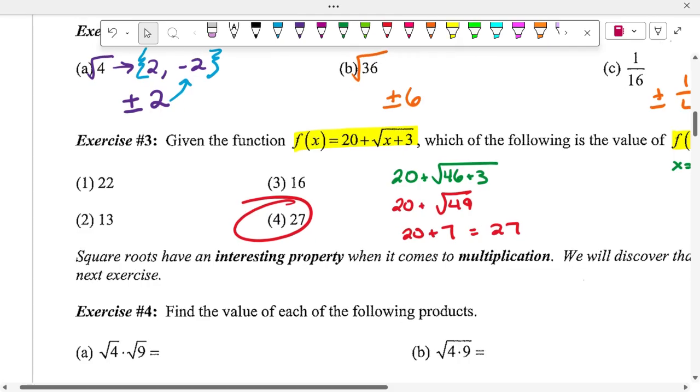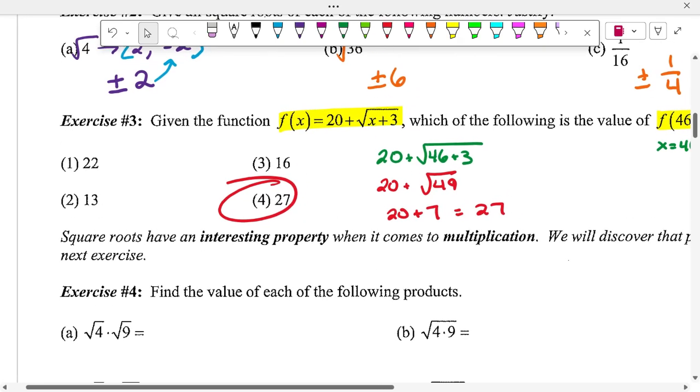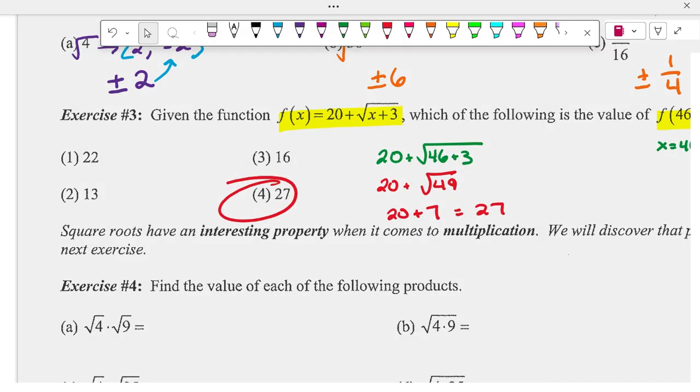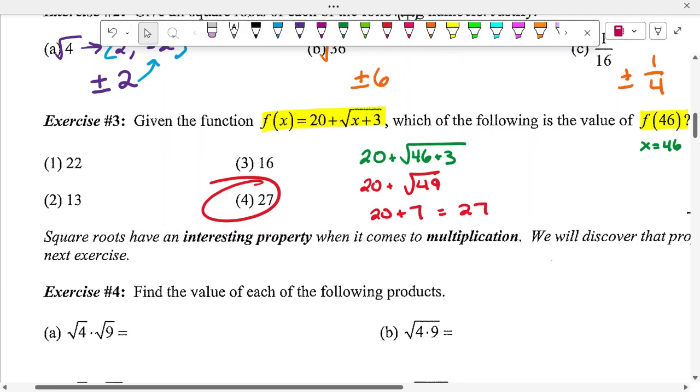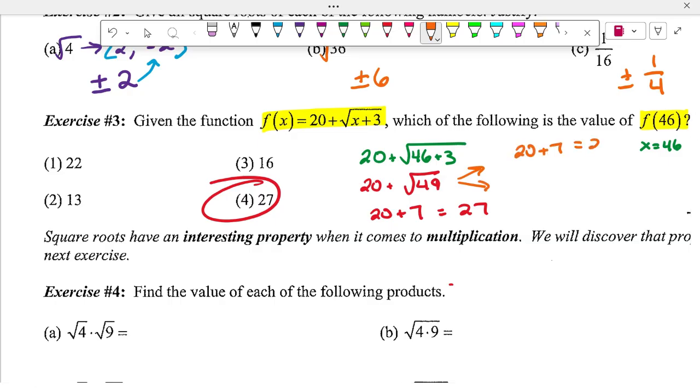Now, technically, since it said plus, we use the positive version. But what if I broke it apart? Plus or minus. So plus or minus 7. So I would have 20 plus 7, which is 27. And then 20 plus negative 7, which is what? 13.